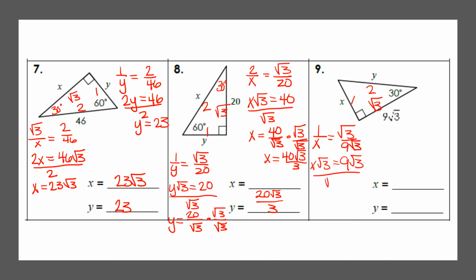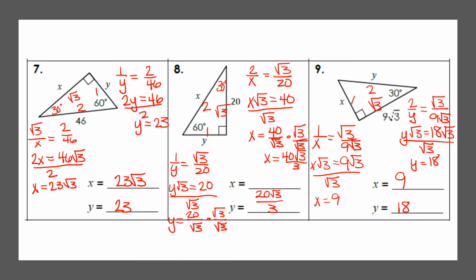If I divide both sides by that radical 3, I get that x equals 9. To find y, 2 over y equals radical 3 over 9 radical 3. So y radical 3 equals 18 radical 3. Divide both sides by radical 3. I get that y is 18.